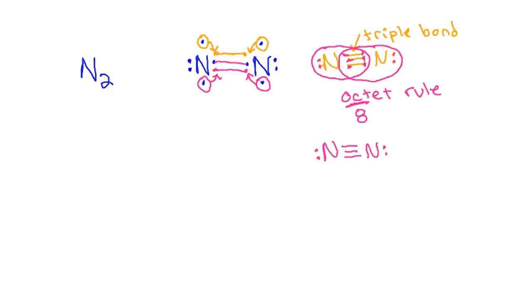Now let's try another one. Let's try water. H2O. So there's 2 H's and there's 1 O. So the O is going to go in the middle. So the H's can go on either side of it. Now each H has 1 electron. And the O, the oxygen, has 6.